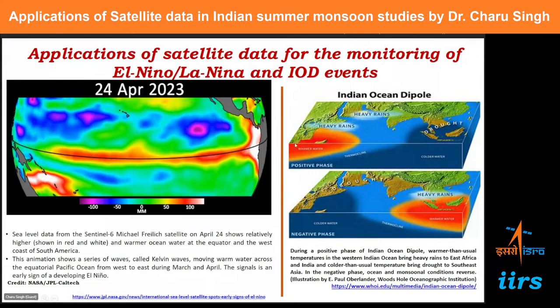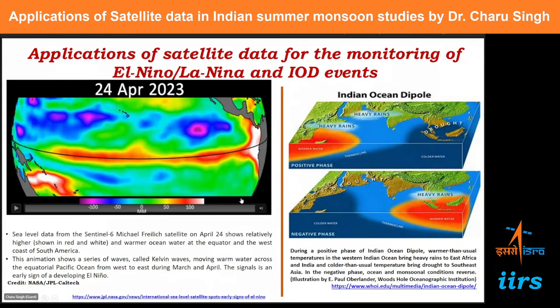If the Indian Ocean Dipole is forming along with El Nino, it would try to suppress the impact of El Nino, because the Indian Ocean Dipole positive phase also enhances the rainfall over the Indian region and the African region, and if it is in the negative phase, we don't expect a good amount of rainfall, whereas we expect a low amount of rainfall over the Indian region.